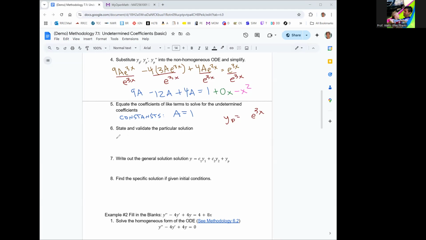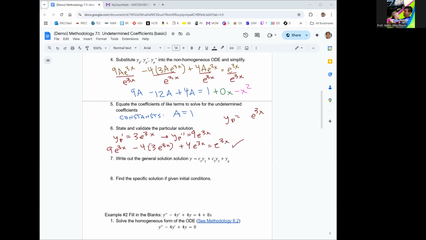So for validating that, we would take derivatives, and then those get substituted into the original differential equation. And then you could see that this does work, right?